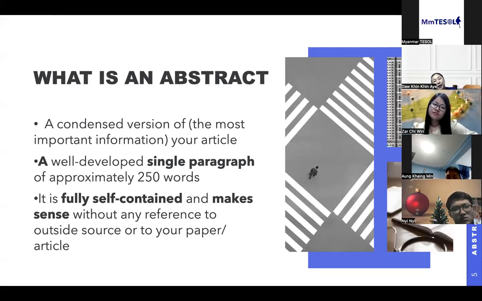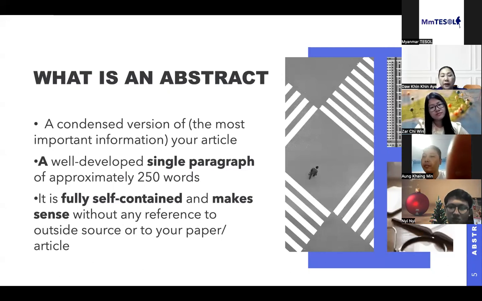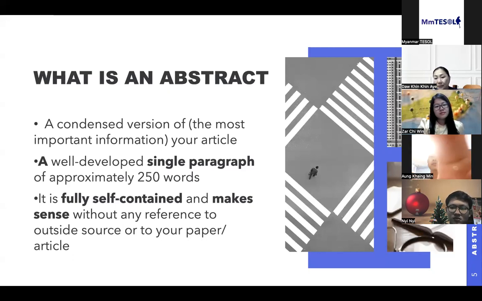If it is 250 words, what does it mean? If you're using A4 paper and double spacing, 250 words is one page. Now, it's fully self-contained. That means everything is in and makes sense without any reference to an outside source or to your paper or article.